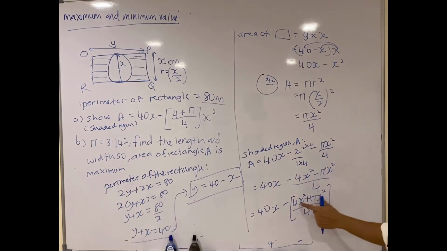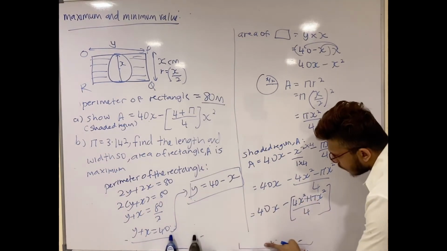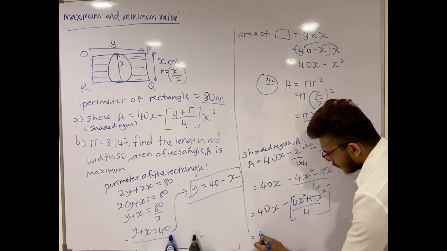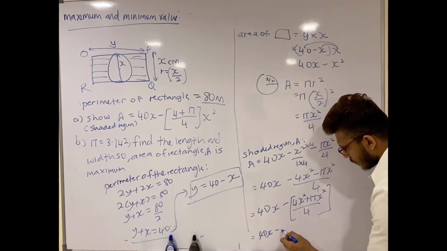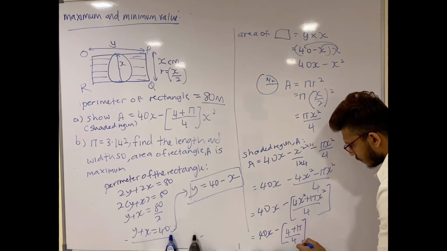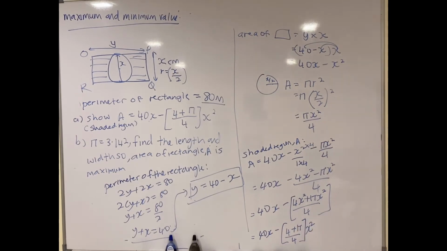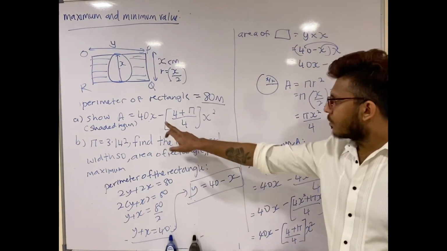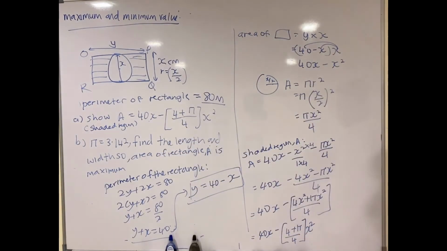Now, both the terms have x squared. What if I factorize that out? Now, it's the same, isn't it? 40x minus (4 plus pi over 4) x squared.